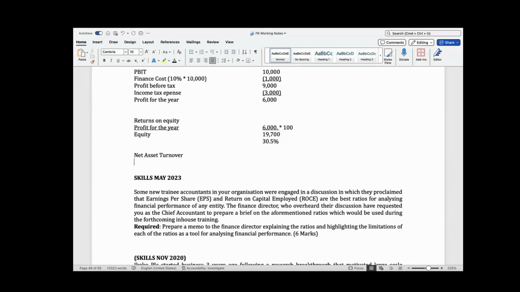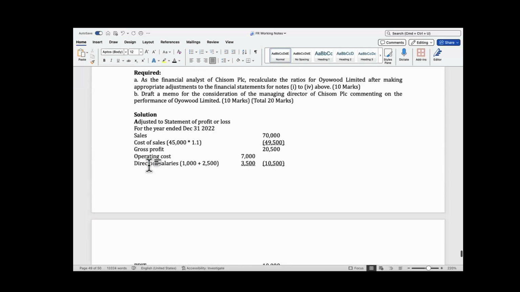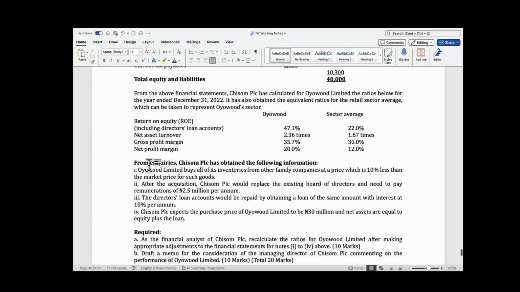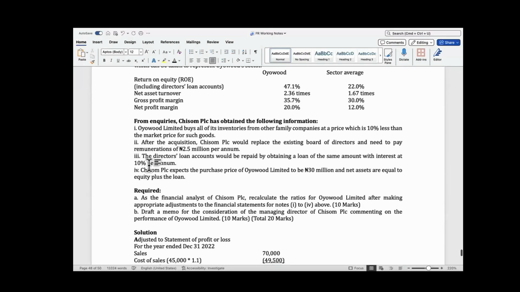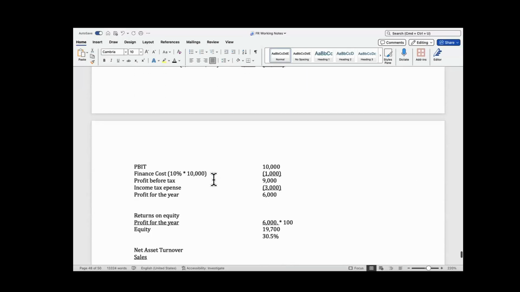Then my net asset turnover, that would be my sales divided by net assets. I think they told us what net assets should be. Okay, they say net assets are equal to equity plus loan.